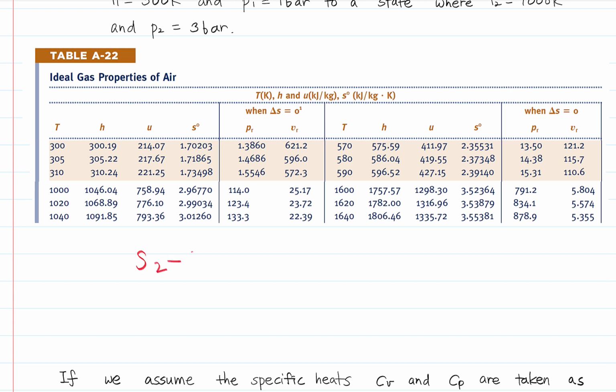So entropy change between the two states is S degree at temperature T2 minus S degree at temperature T1 minus gas constant R natural log P2 over P1.